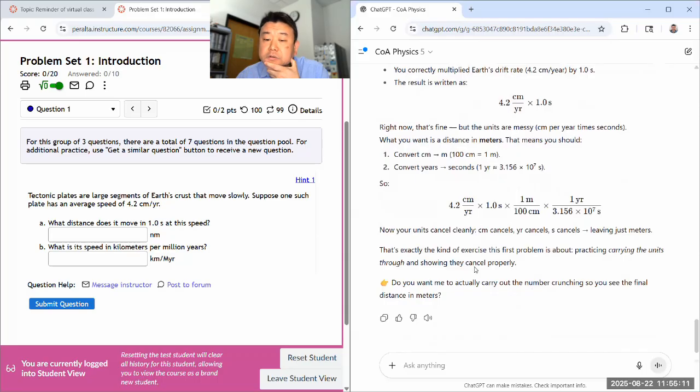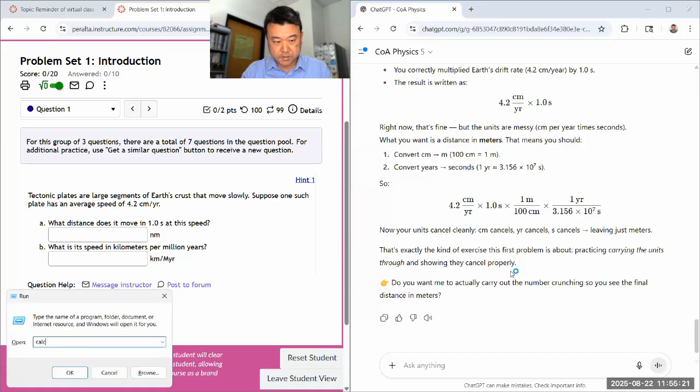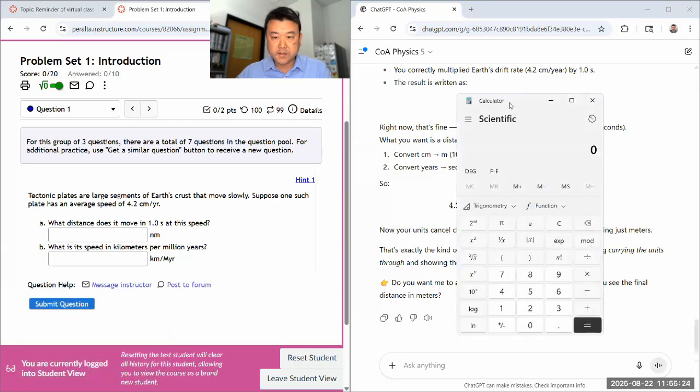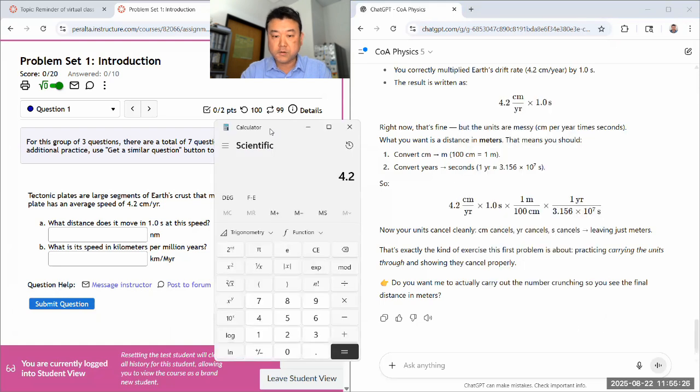Yeah, it might be doing it wrong. So, well, let's say I did the calculations myself, and I'll get an answer that it will say is wrong. 4.2 divided by 100 centimeters, so it's going to be in the unit of meters per second, divided by 3.156 times 10 to the 7.